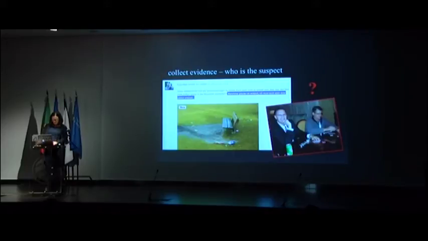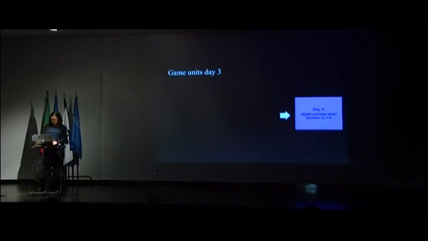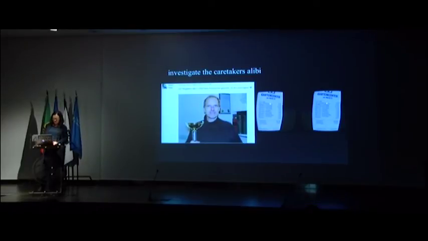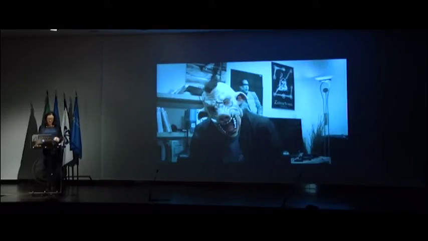So, collecting evidence, who is the suspect, it works from one person to another, and on day 3 it goes on. You have to check the caretaker's alibi, and then somebody was quicker.